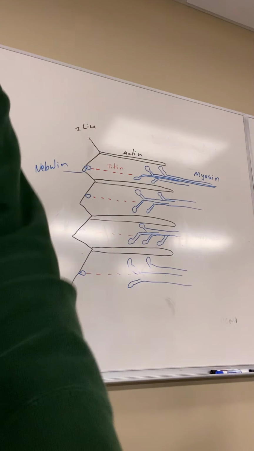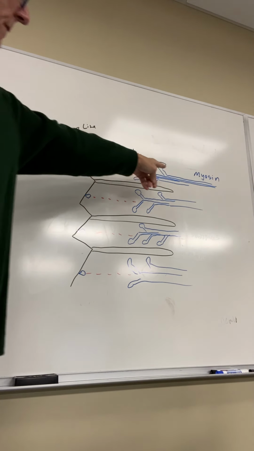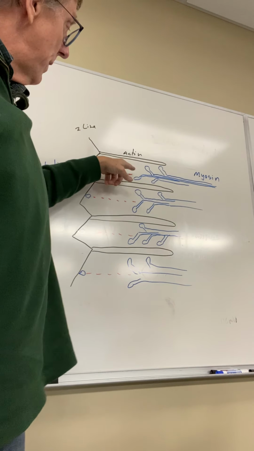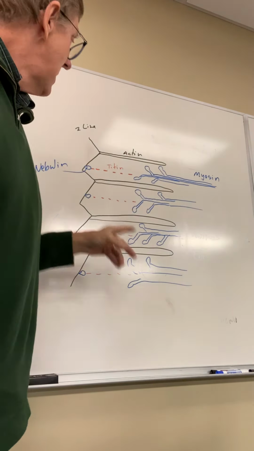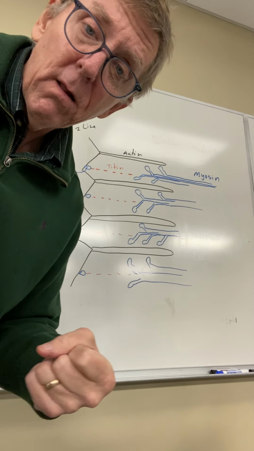But before we get to that, I want to just show you the organization. We have the myosin here with the heads, and the heads extend towards either Z line. And we have the actin, which doesn't show those 2 proteins on it. And then we had said, what keeps that myosin in the middle? Why is it sitting there in the middle?